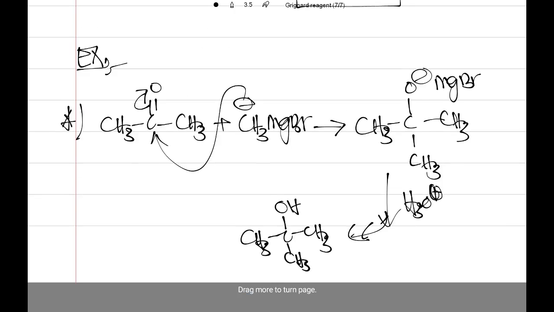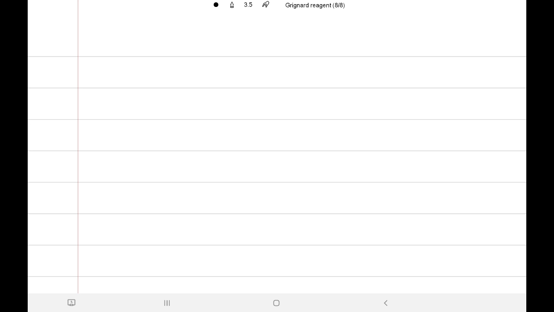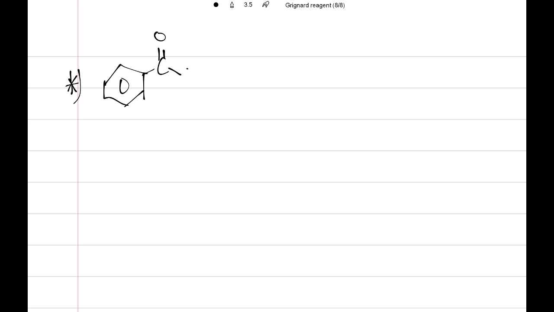Right, the next one I am taking is acetophenone. One side it is CH3, the other side it is a phenyl ring.